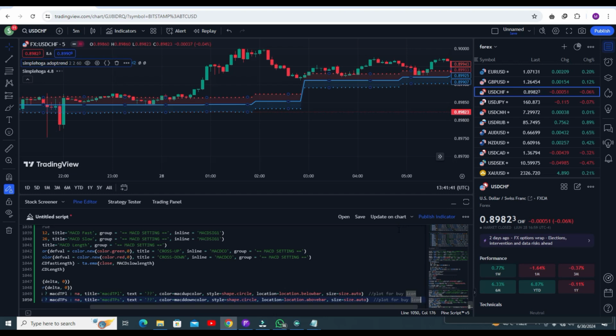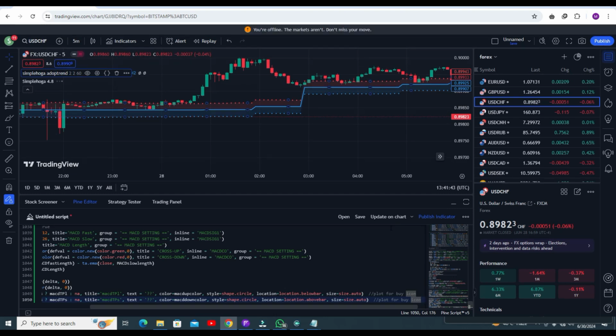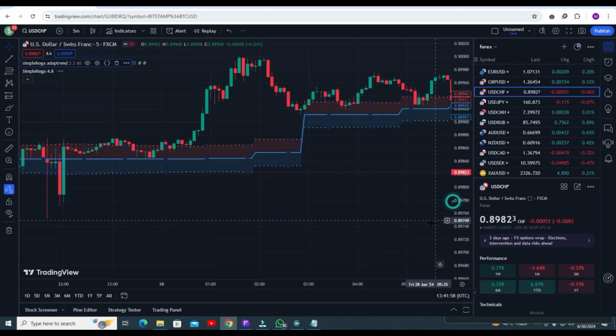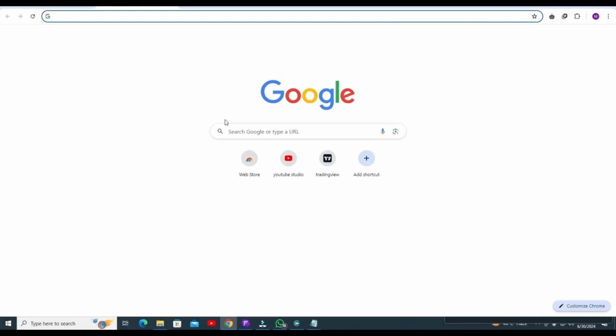After clicking on add to chart, the indicator is now adding. It's still compiling because of the internet connection. It disconnected, but now it's connected again, and that's why it's taking some time.